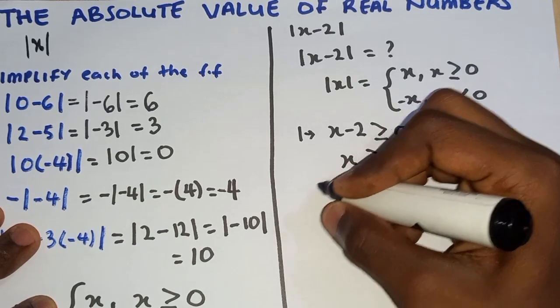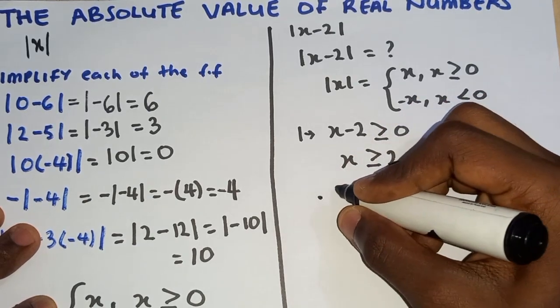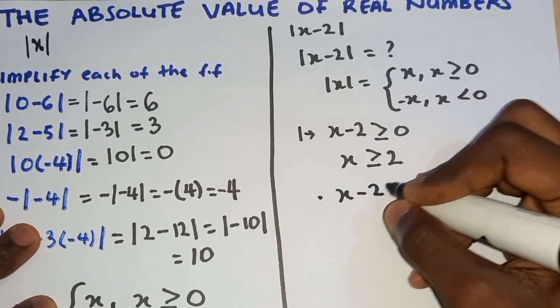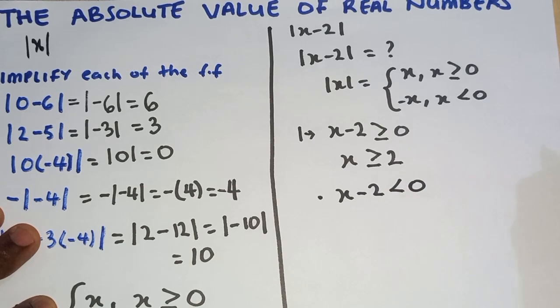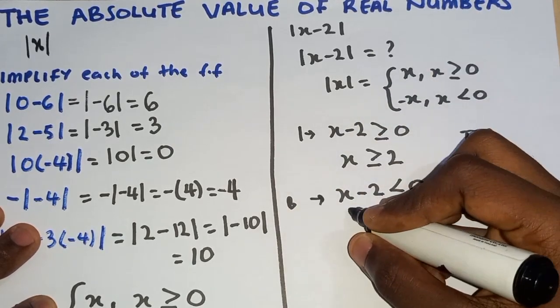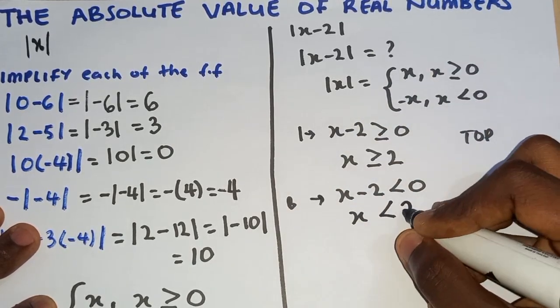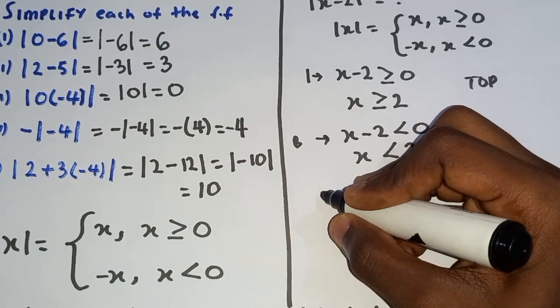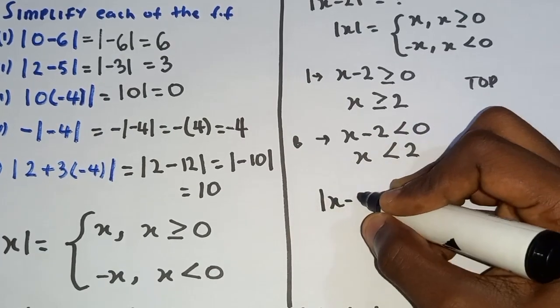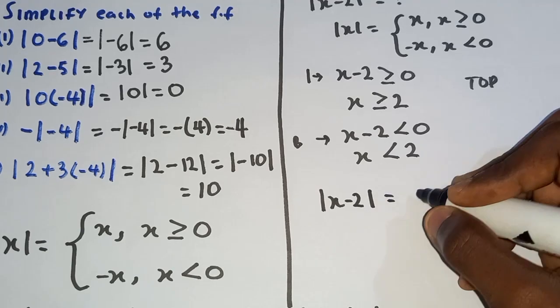So let's look at the bottom part. That is, x minus 2 must be less than 0. Let me write T for top and B for bottom. So we have x is 2. That is how it's defined.